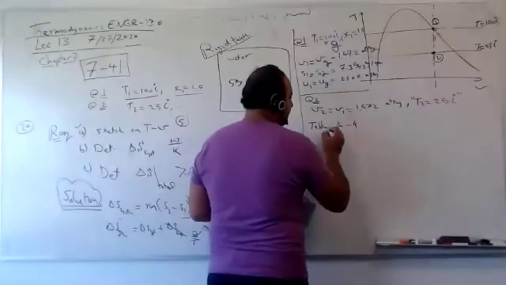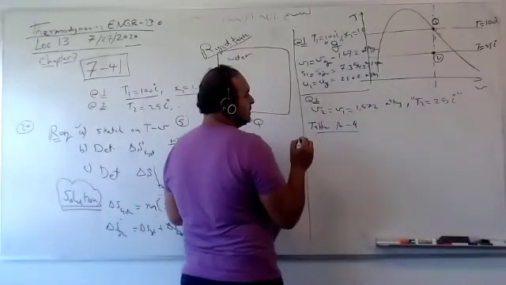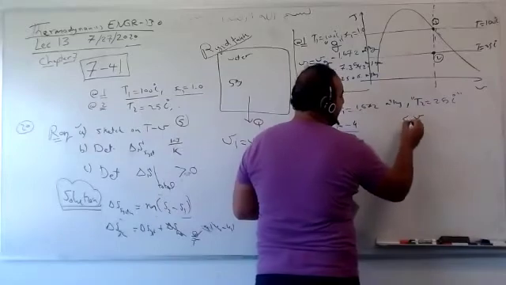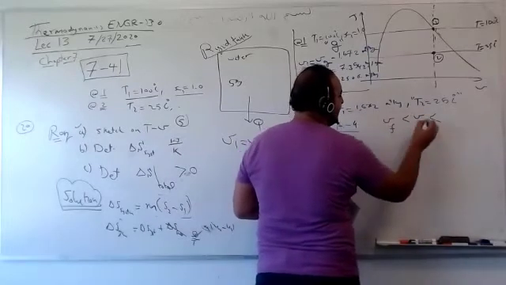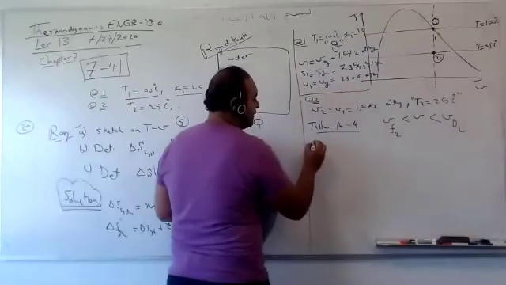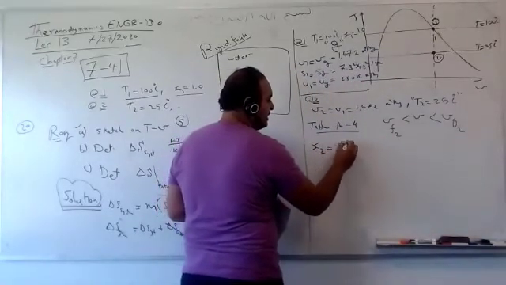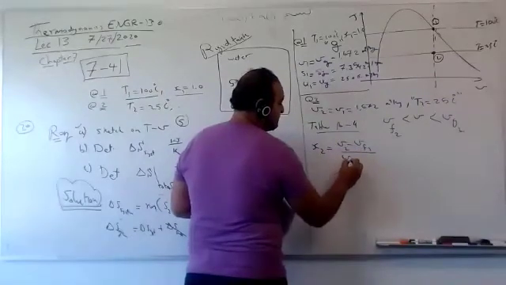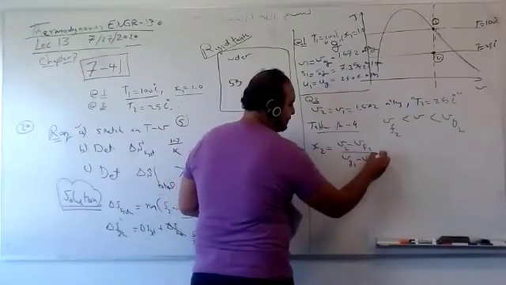So A4, this is a mixture. It means at this temperature, you will find your V is in between VF and VG. Correct? So you need to get X2, which is V2 minus VF2 over VFG, which is VG2 minus VF2.